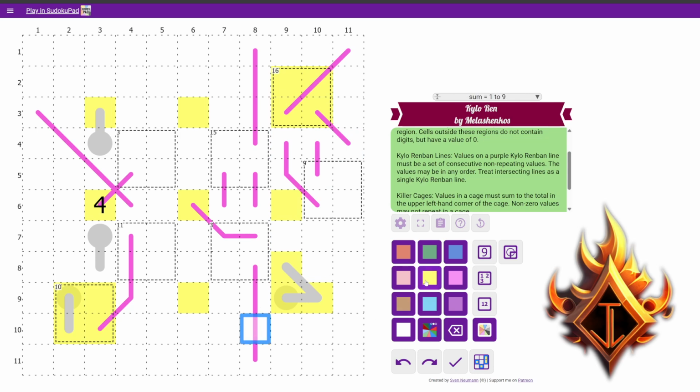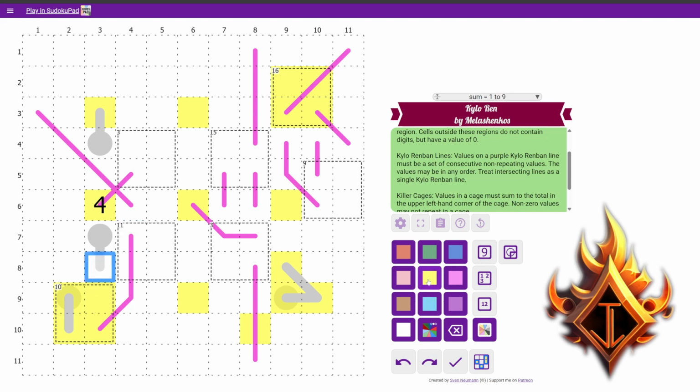This one has to be... Let me go ahead and mark this, I guess. These two cannot be yellow. That one and that one could be yellow, though. I guess any one of those could be gray.